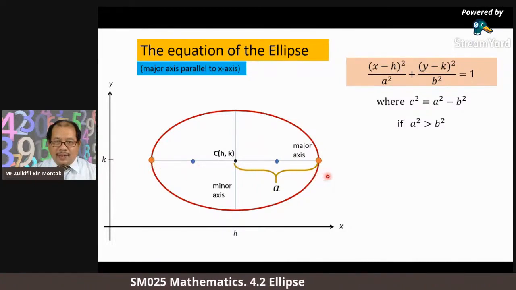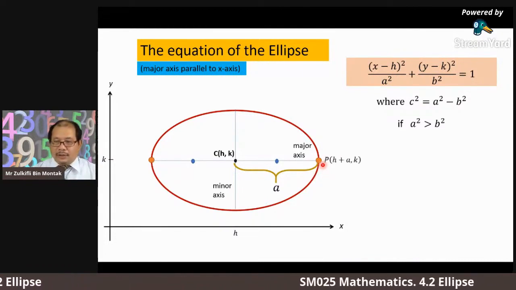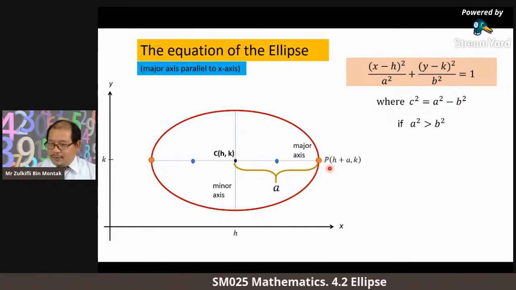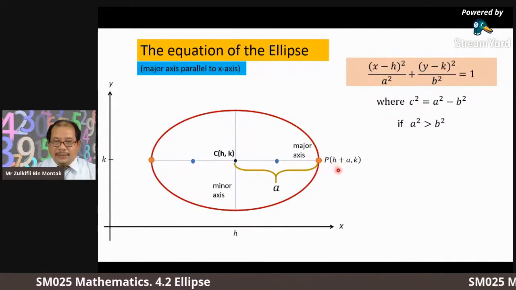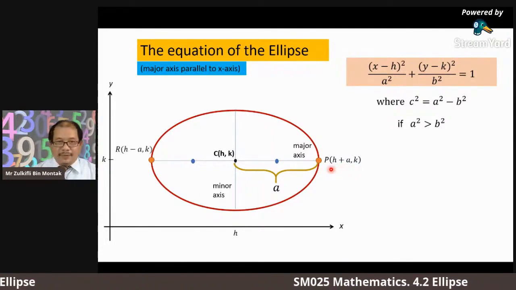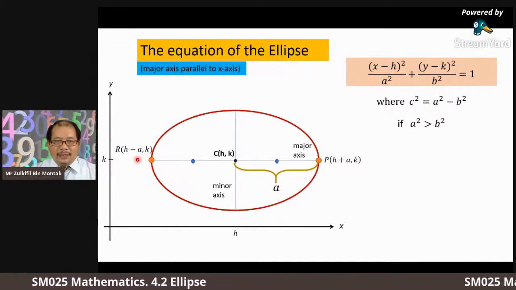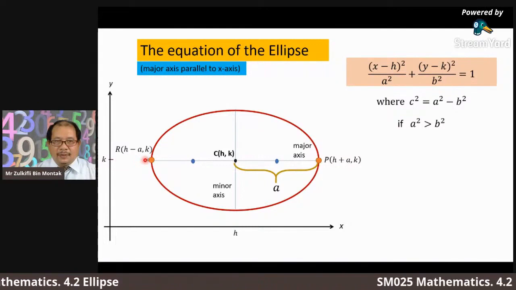Therefore, we can find the coordinates of the vertices. The coordinate of this vertex equals (h plus a, k), and the other vertex here equals (h minus a, k).